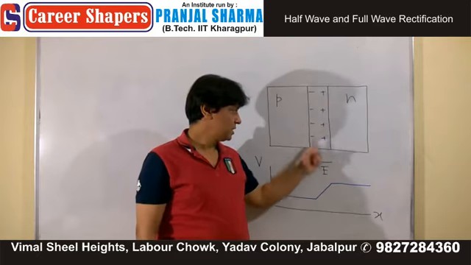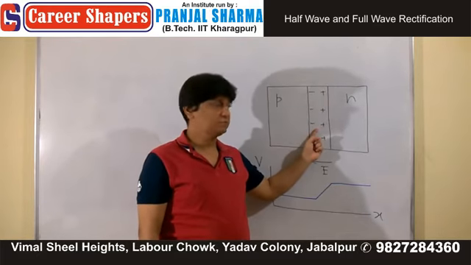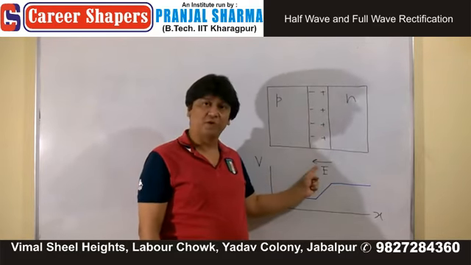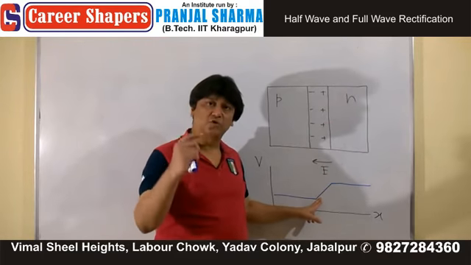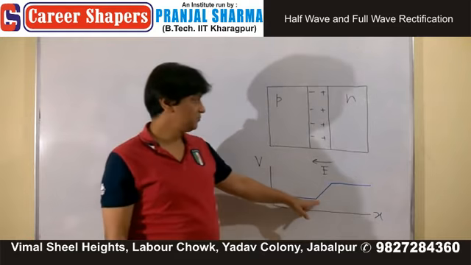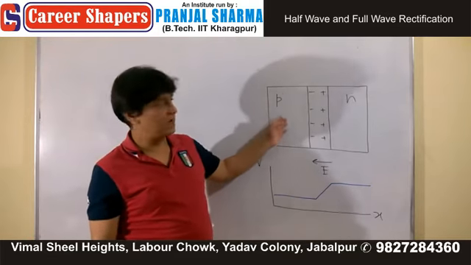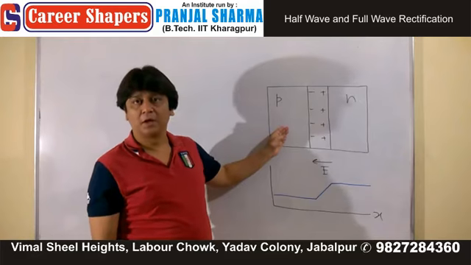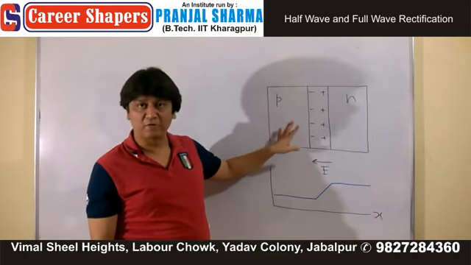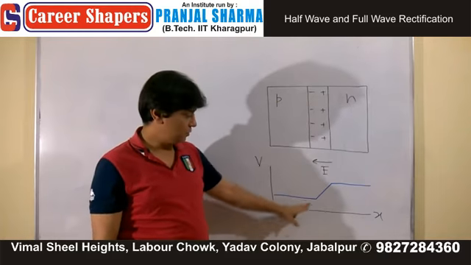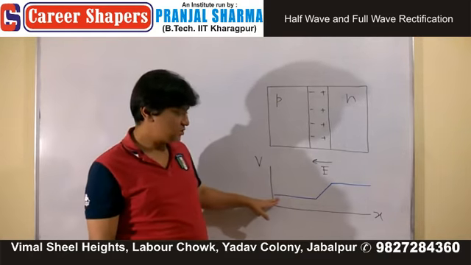And then, in the depletion layer, because of the electric field, potential decreases. In the direction of electric field, potential decreases. Again, you move to this side, this portion. There are no charges in this portion. There is no electric field. And therefore, your potential remains the same.